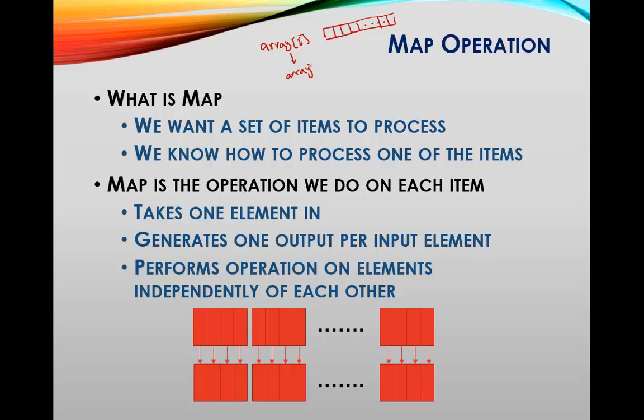So I wanted to know each element in this array, its value raised to the power 3. Essentially, I had a nice little process here that I could fully parallelize. And that was to take each of these elements, raise it to the 3, and put it in the final value.